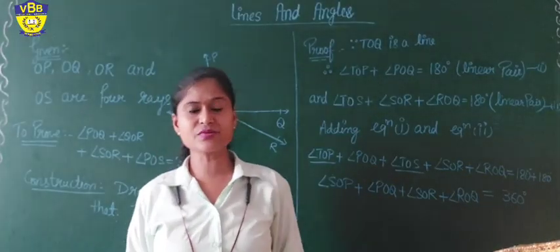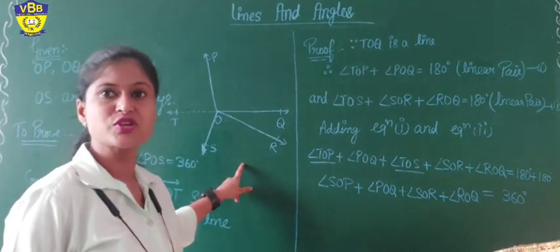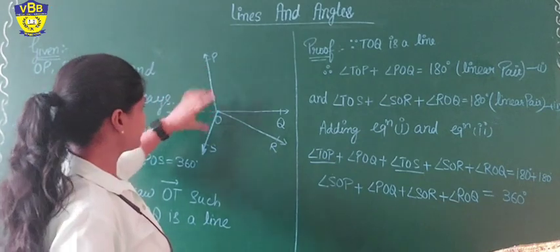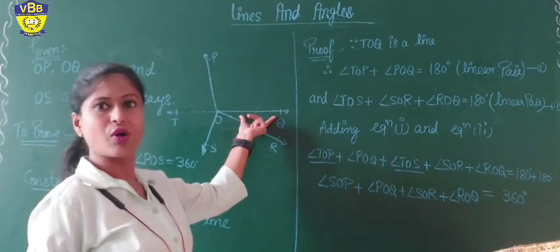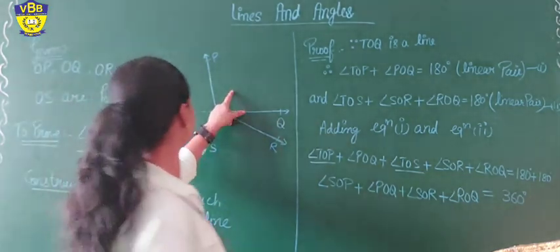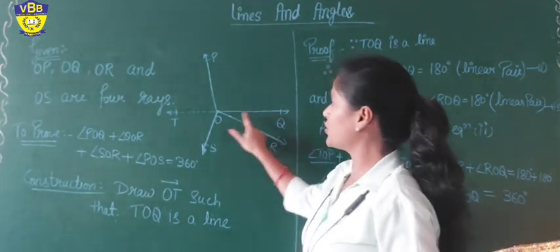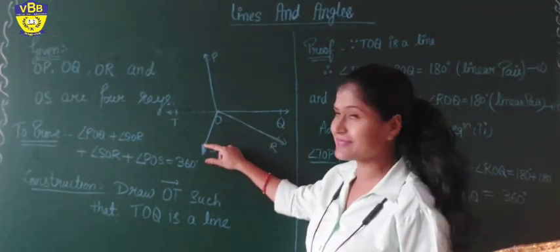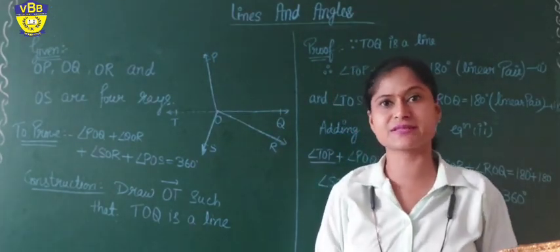So our next question is, in this question a figure is given, and they are saying OP, OS, OR, OQ are all four rays. You need to prove that angle POQ, QOR, angle ROS, and then SOP is equal to 360 degrees.